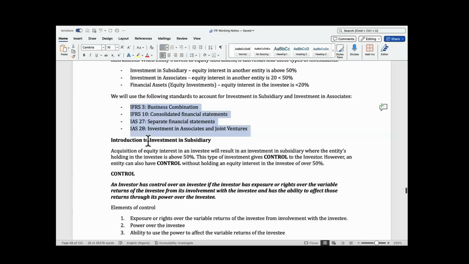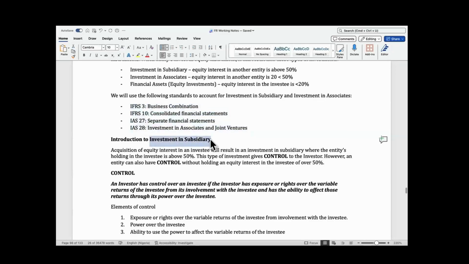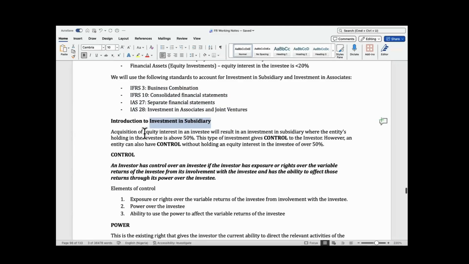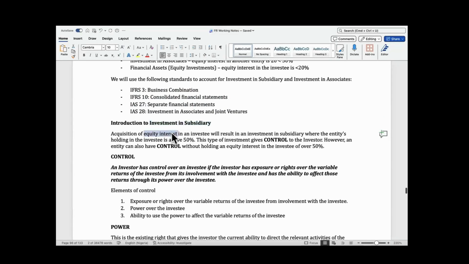So let me pick up investment in subsidiary. I told you that where an entity acquires equity interest in an investee, it will result in investment in subsidiary where its holding in that investee is above 50%. So when you buy shares that your holding in that company is above 50%, we call that type of investment in subsidiary.